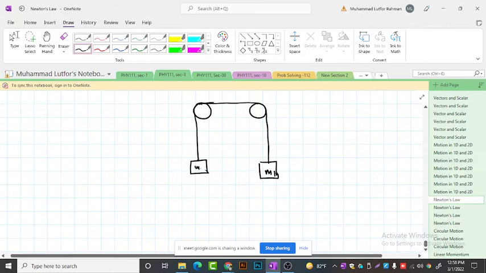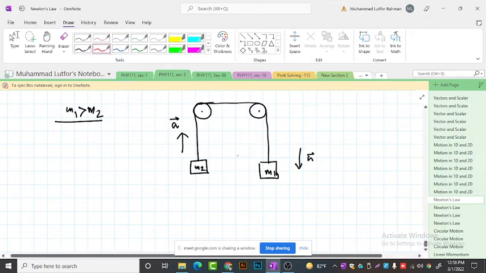I discussed the massless string in the previous class. For simplicity, we consider M1 greater than M2. In that case, M1 will move downward with acceleration A, and at the same time M2 will move upward with acceleration A. I need to calculate the acceleration of this system.